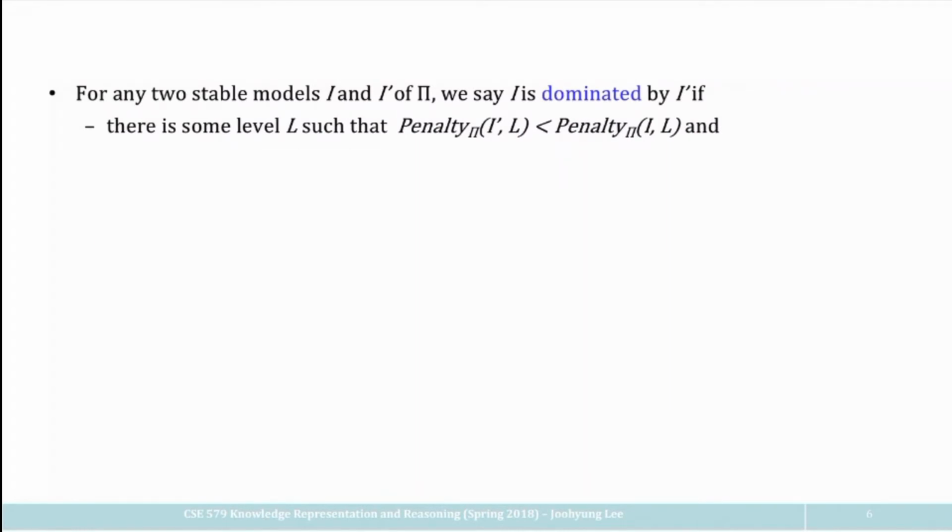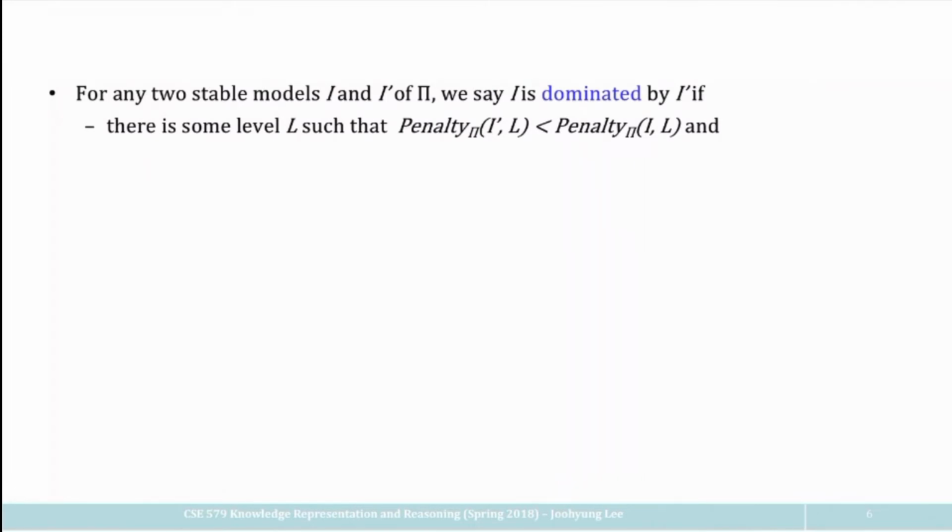First, there exists some level L such that the penalty of I is bigger than the penalty of I prime. Then we say that I is dominated by I prime. In other words, I cannot be the optimal one, right?